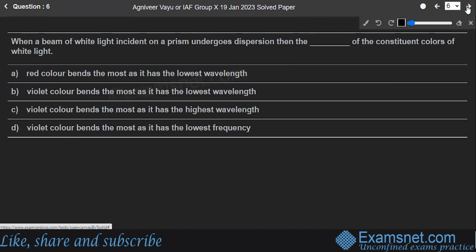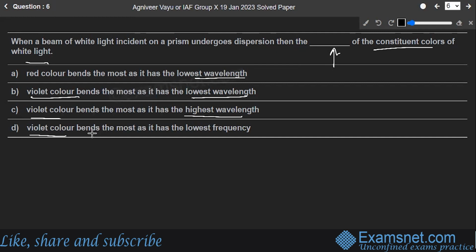When a beam of white light incident on a prism undergoes dispersion, then dash of the constituent colors of white light. Red color bends the most as it has the lowest wavelength. Violet color bends the most as it has the lowest wavelength. Violet color bends the most as it has the highest wavelength.